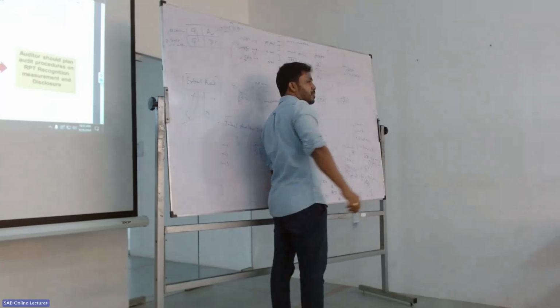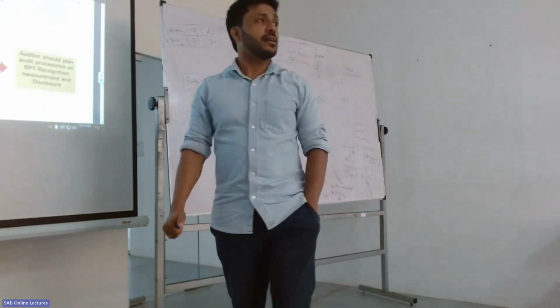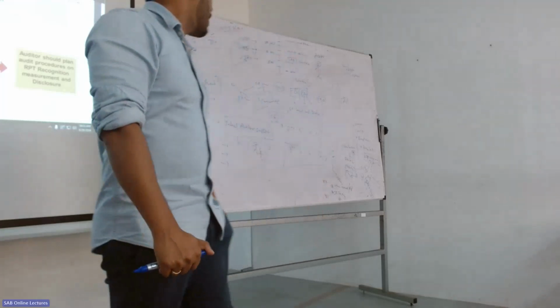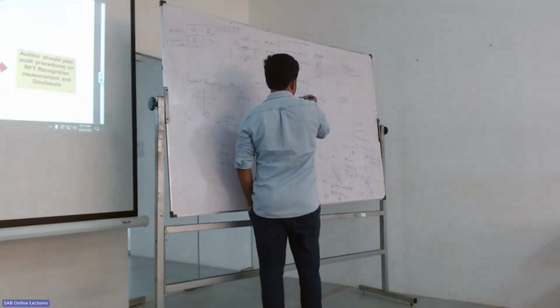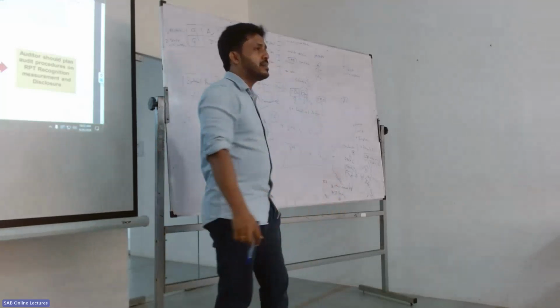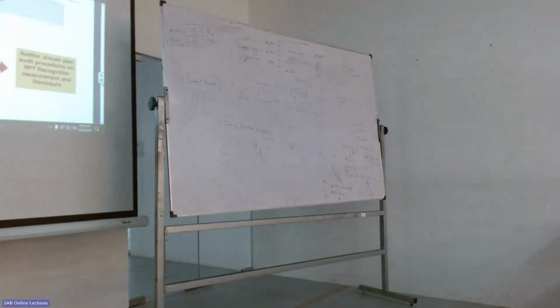The CEO is a related party, the CFO is not, as the CFO is only responsible for directing and planning financial activity. That's the definition. But if a CFO acts like a CEO, he can be considered a related party. So you need that sharpness once you have this definition.